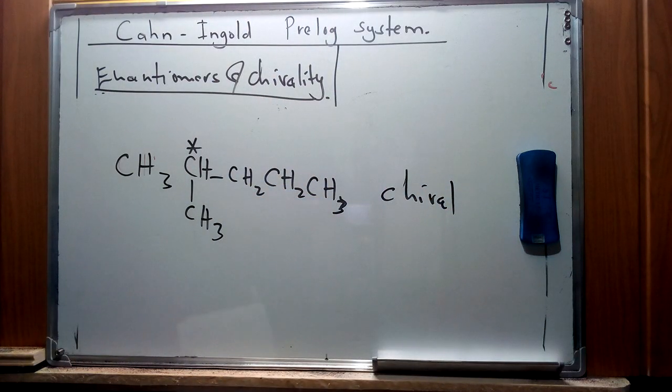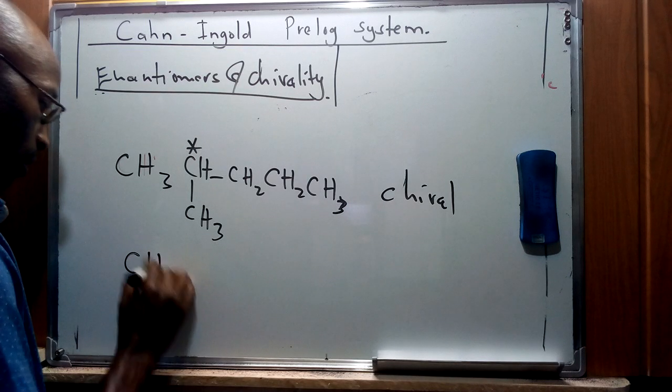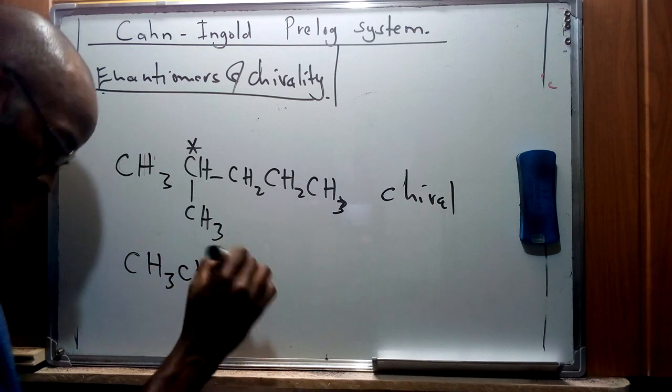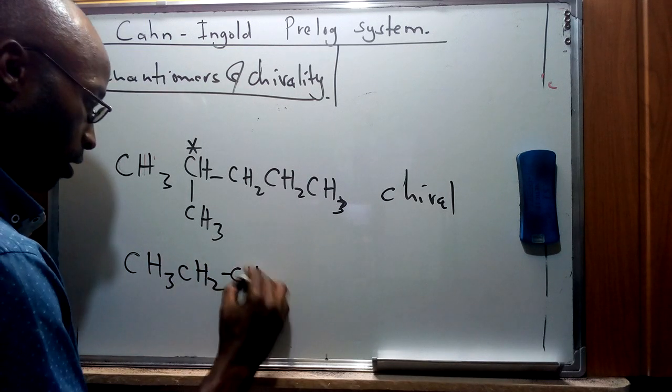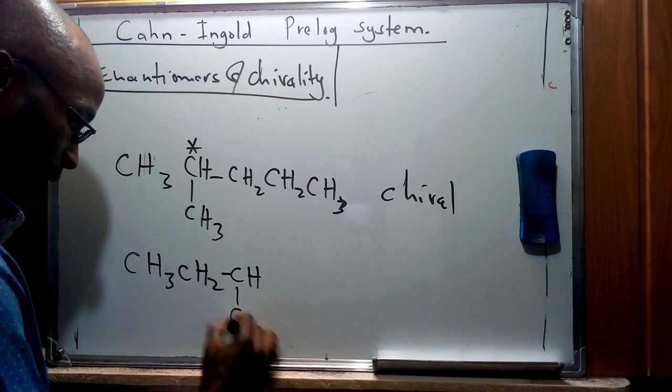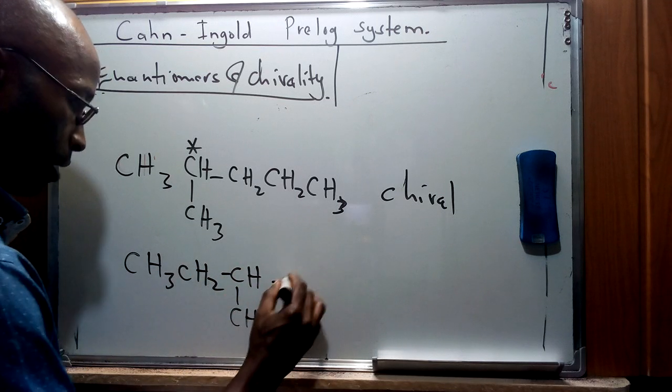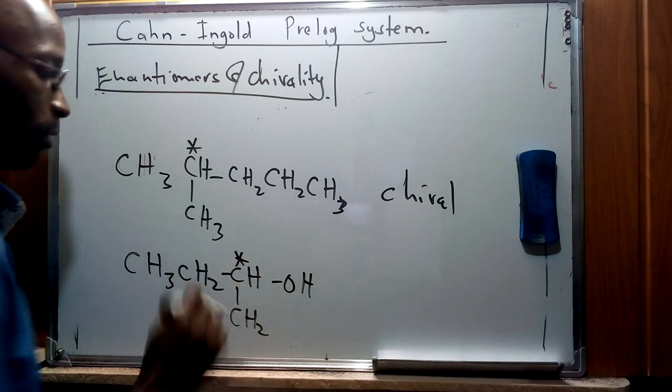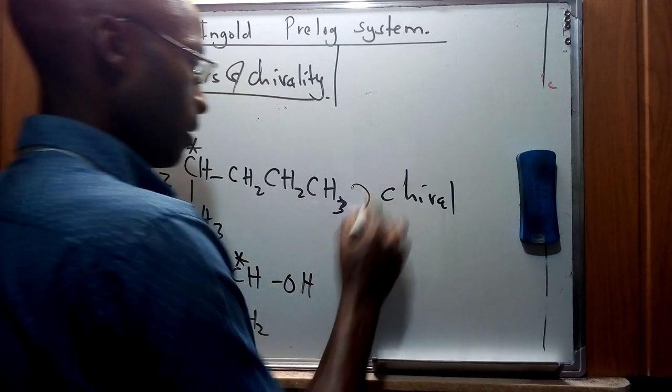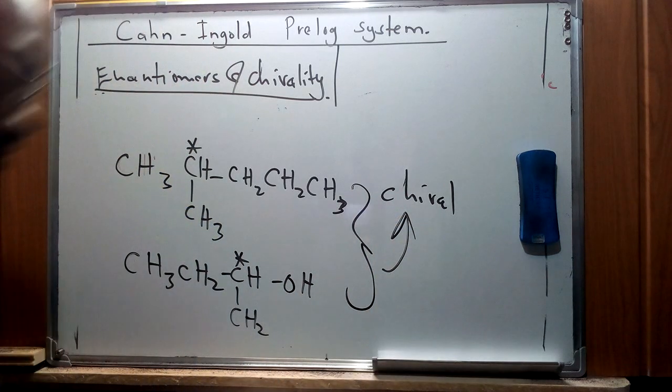And then we can have another compound, maybe there's a substitution for, this is a CH2, and then we have the CH2OH. This is a stereogenic center, therefore we can regard these 2 compounds as chiral.